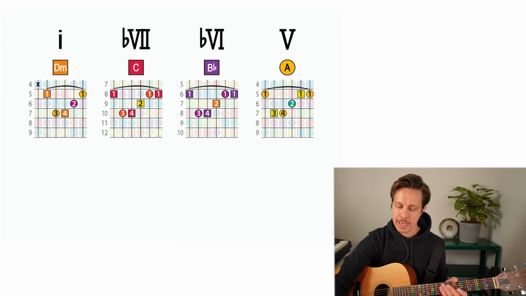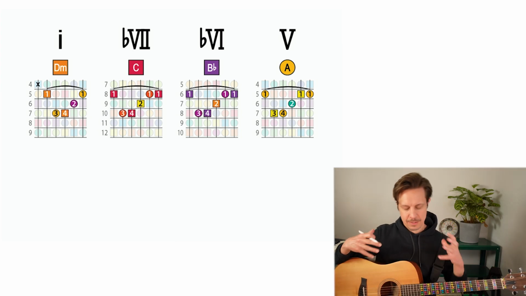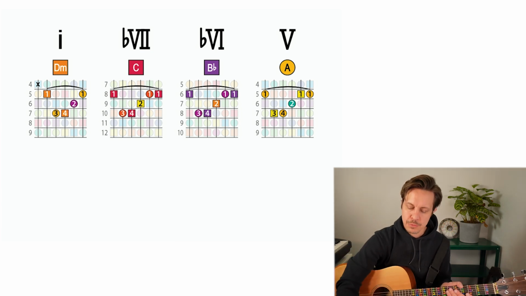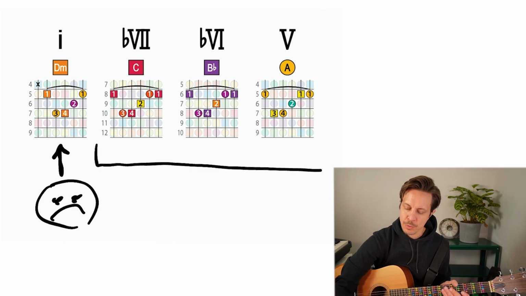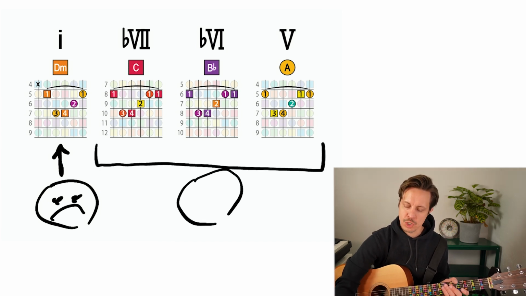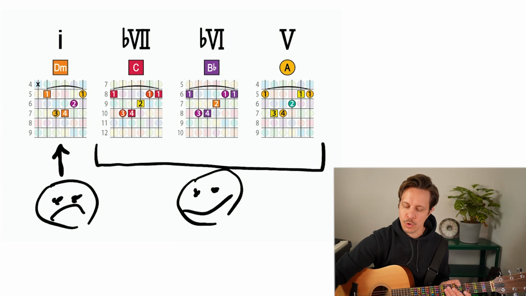Now, looking back at the original pattern of the Andalusian cadence, that sunny sensation of a major 1 comes from the fact that the tonic is a minor 1. So it has this kind of sadder sensation. But the rest of the progression are all major chords, which have generally a more upbeat or happier sound.